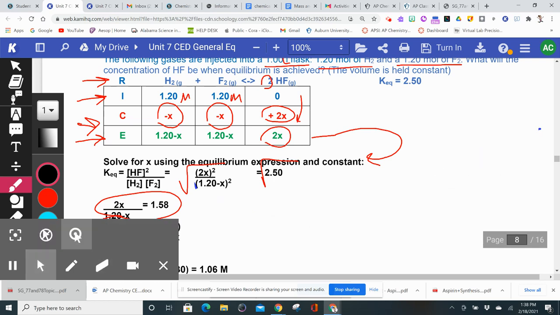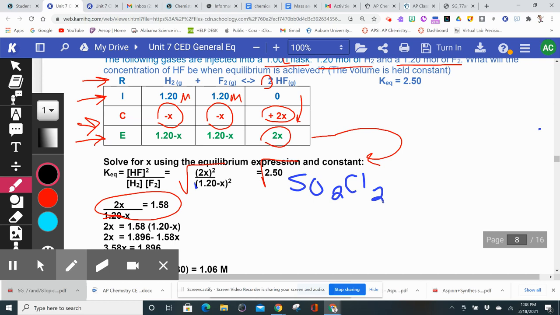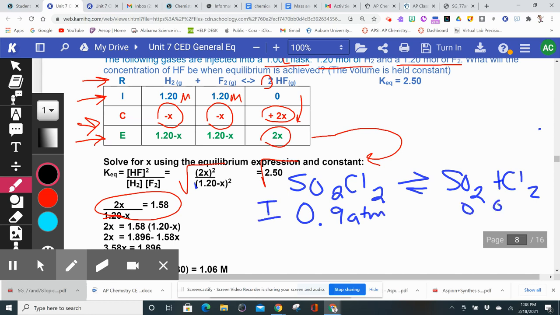So let me give you an example. If I have SO2 and Cl2, and I have 0.9 atmospheres to start with, so that's my initial conditions, 0 and 0. I make some change. So my reactants are going down, my products are going up.